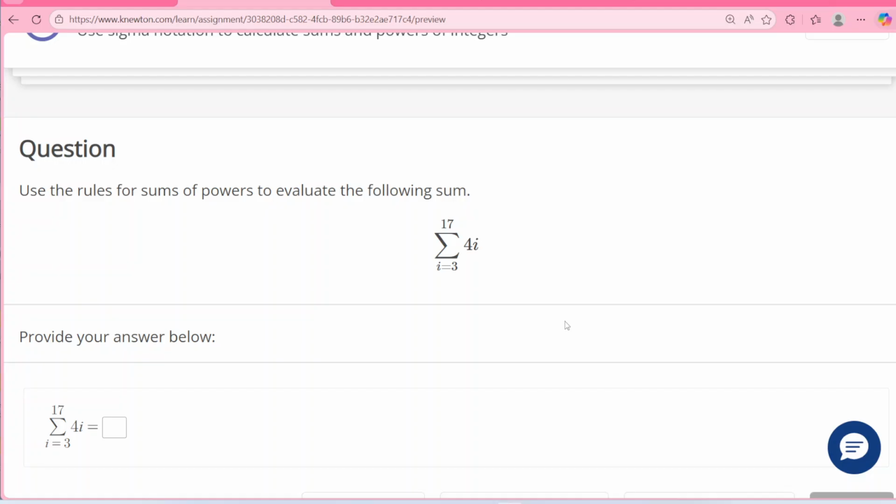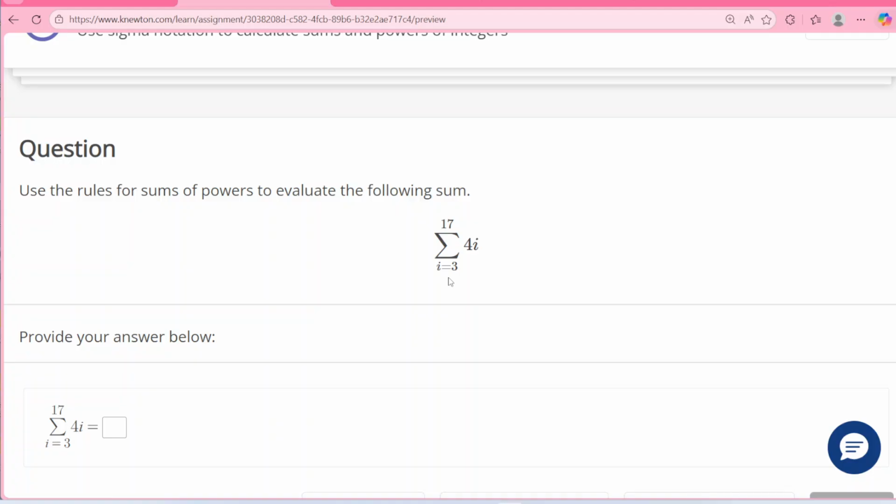Okay, so this would be similar. So again, this time though, you'd have 4 pulled out, and they'd be adding up just the first powers from 3 to 17. Now from 1 to 17 would end up being 17 times 18 divided by 2. So 17 times 9, which would be 153. And then you would take away the sum from just 1 to 2, and that'll give you from 3 to 17.